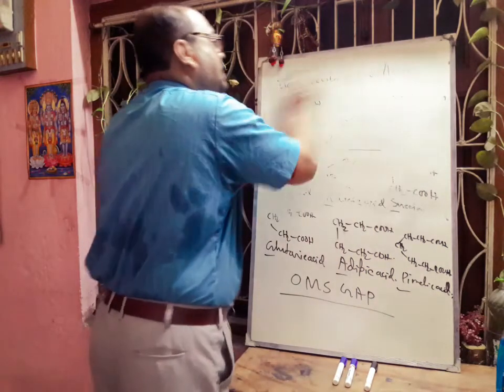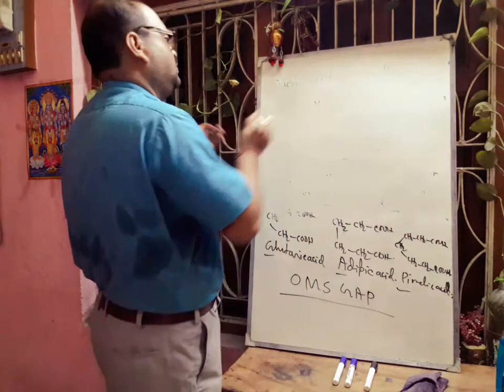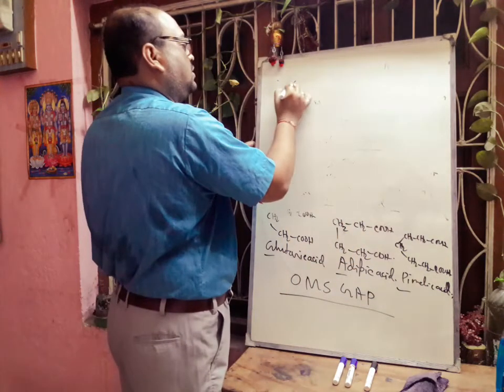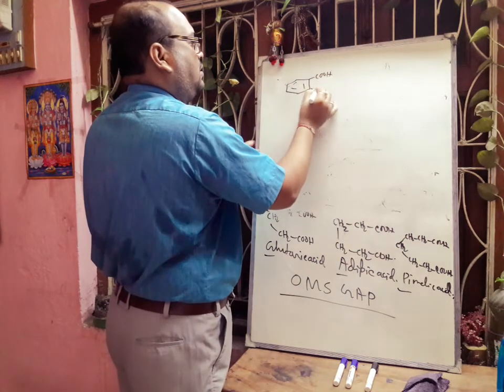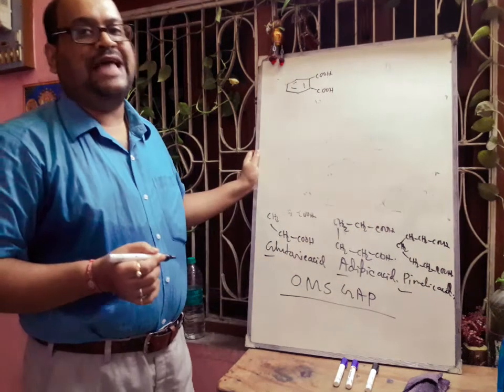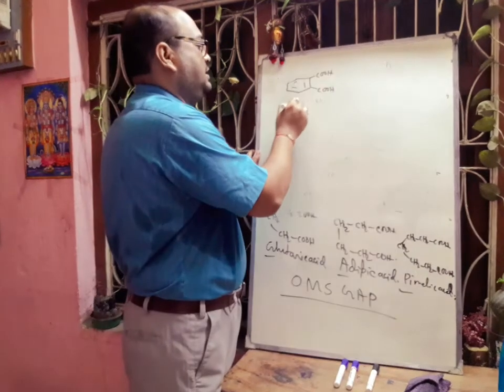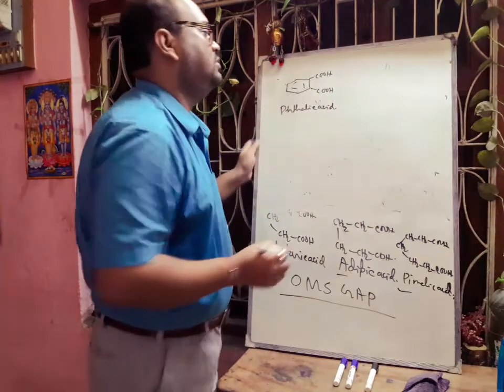Next we will discuss some aromatic dicarboxylic acids. So first we can take the example of benzene 1,2-dicarboxylic acid. This common name is phthalic acid. So this is 1,2.